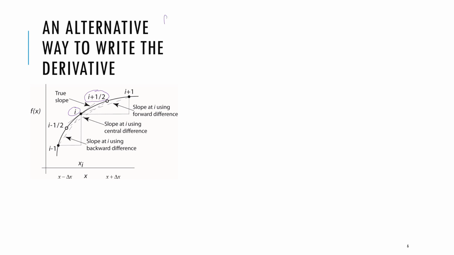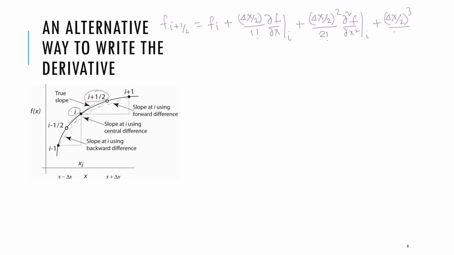We can write f at i plus half is equal to f_i plus (delta x over 2) over 1 factorial del f del x at i plus (delta x over 2) squared over 2 factorial del squared f del x squared at i plus (delta x over 2) cubed over 3 factorial del cubed f del x cubed at i plus higher order terms.